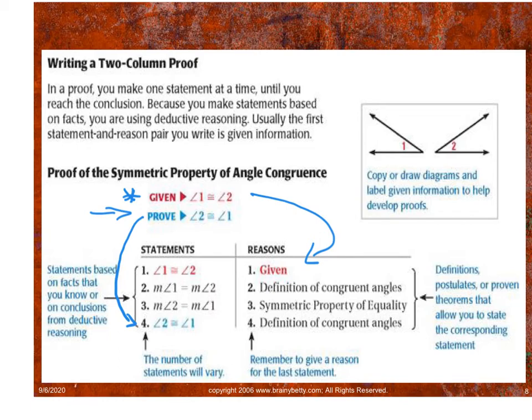It all depends on if you give extra steps that maybe weren't necessary to get to what you're trying to prove. So sometimes some students at the beginning will take a lot longer. Generally, our proofs aren't very long, maybe 7, 8 steps at the most, but most of them are going to be pretty short like this. Maybe 4 statements, 5 statements, not very long.